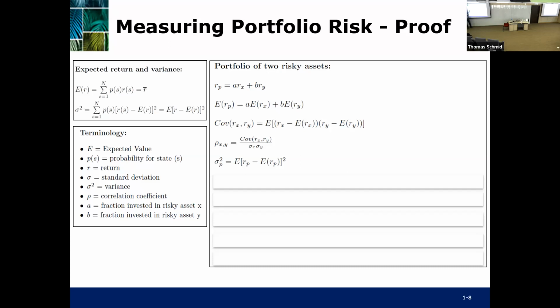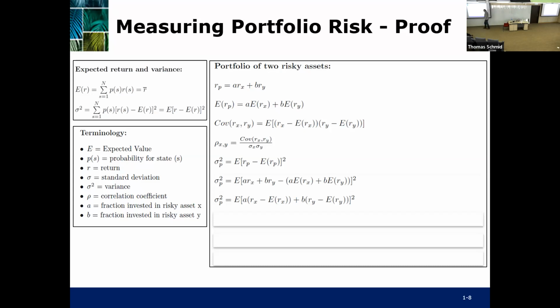That's exactly our variance formula. Now we substitute for RP and ERP the values from above, because we know RP is the weighted average, and ERP is also the weighted average. Nothing complicated.